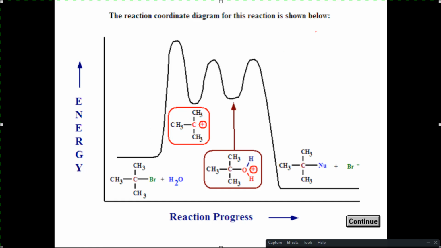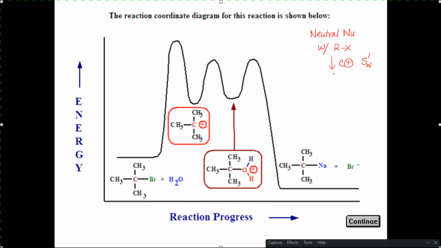And that is that whenever you react a neutral nucleophile with an alkyl halide, the only way the neutral nucleophile can add is if you go through a carbocation intermediate, which means the reaction must be an SN1 mechanism.